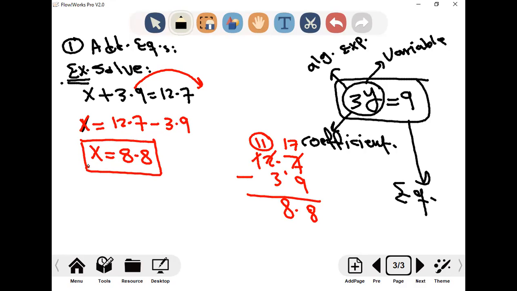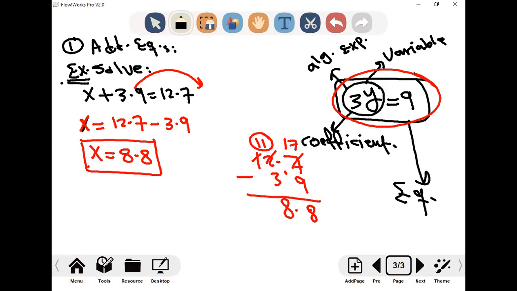Now, do we call x equals 8.8 an equation? No, the whole thing together we call an equation. x equals 8.8, what do we call it? The value of the variable, and in math we call it the solution of the equation. Now, what's the meaning of the solution of the equation?